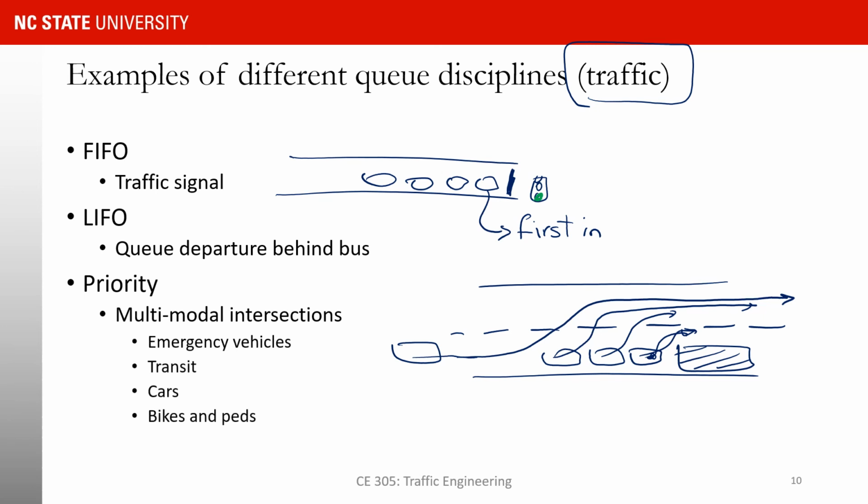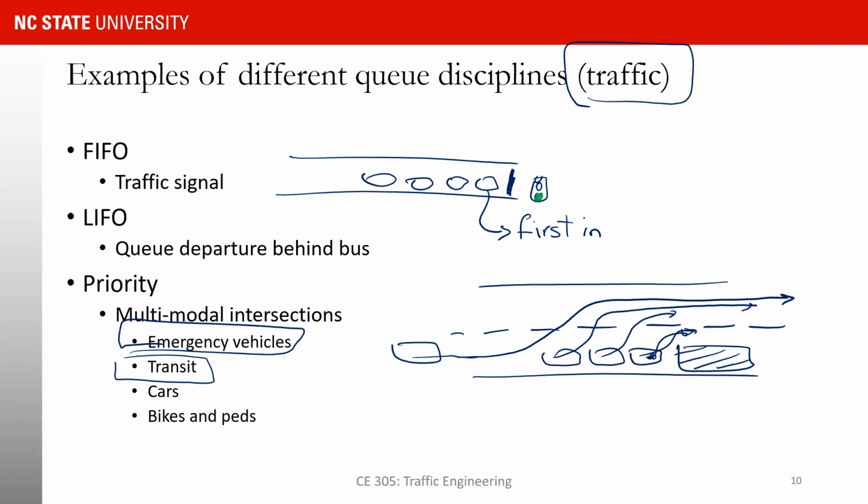Well, if you have an intersection that provides service to different modes or classes of vehicles, emergency vehicles arriving get the top priority. Then transit gets the next priority.